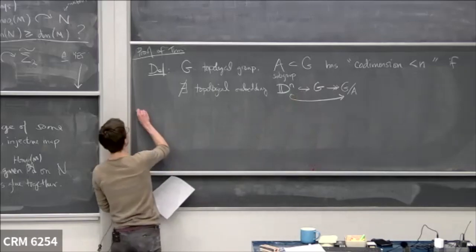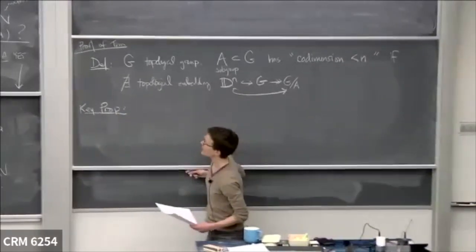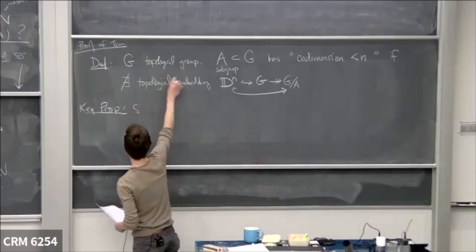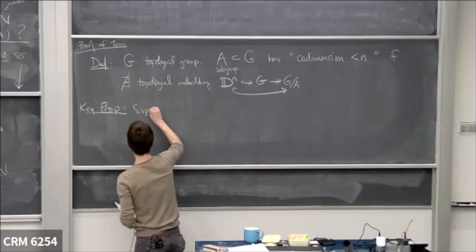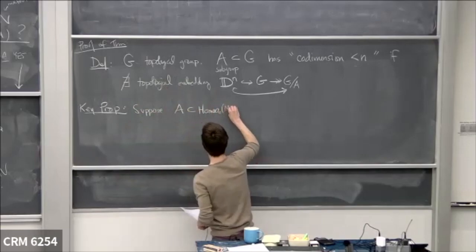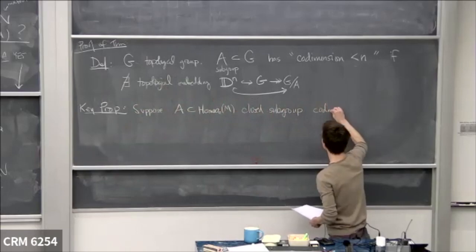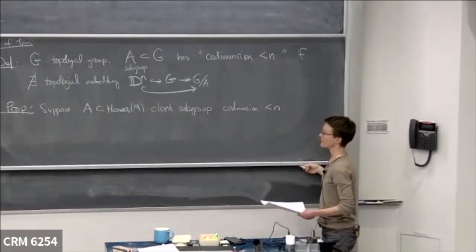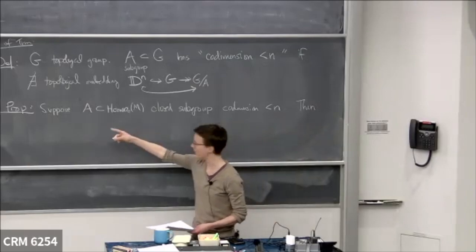Here's the key proposition that is going to quickly imply the theorem. So let me state the key proposition. It is about small codimension subgroups, finite codimension subgroups. Suppose I have, inside of a group of homeomorphisms of a manifold, a closed subgroup A that's of codimension at most n. Then I can say something about what this looks like.